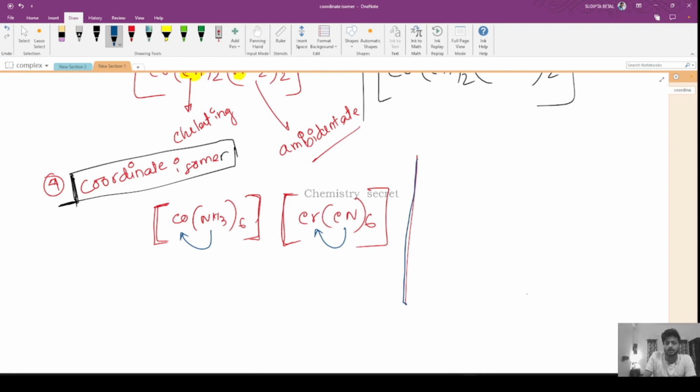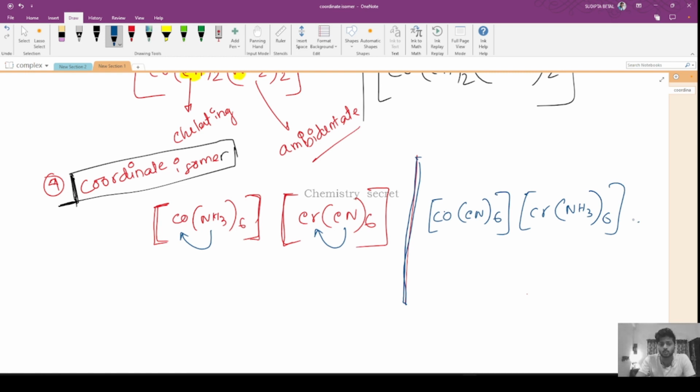So when we write the coordinate isomer, cobalt is bound with CN6 and chromium is bound with NH3 whole 6. So we can see that in this type of isomerism, the exchange of ligands occurs between the complex ions. So in coordinate isomerism, you have to find this type of two-complex example. If you find it, then you can easily decide what the example of coordinate isomerism is.